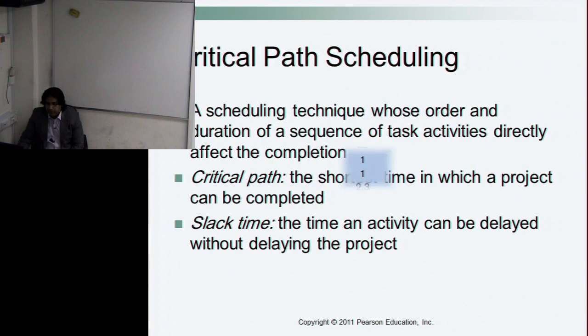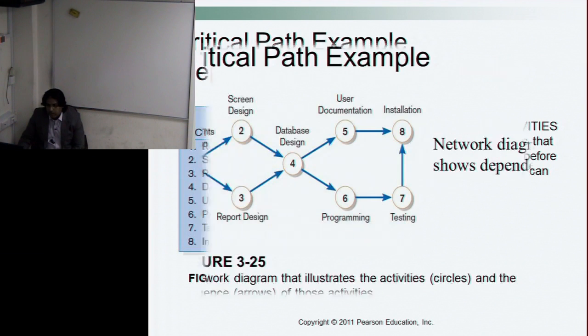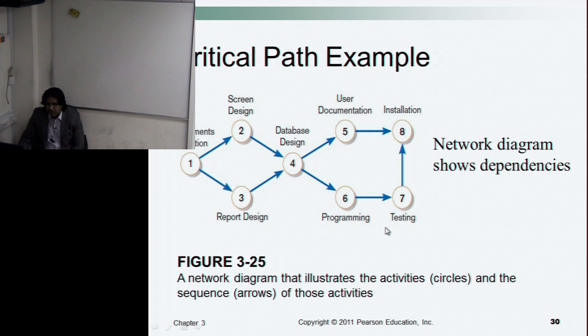Okay. Now, after this whole diagram is completed, we have to calculate latest possible completion time and earliest possible completion time.